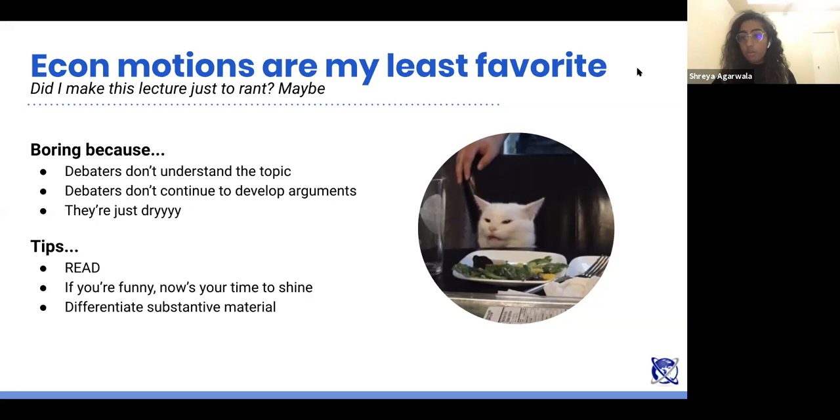I think it was a 7-0 for the opposition, just because it was pretty obvious the prop didn't know what they were talking about, and the judges' comments were pretty much along the same lines of, we ended up voting for the op, not necessarily because they debated better, but just because they knew the topic better. So always make sure to be researching for economics topics. I find that that generally helps. If one team just knows more than the other, it'll go better.